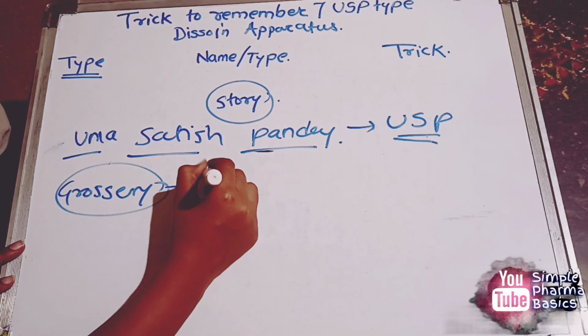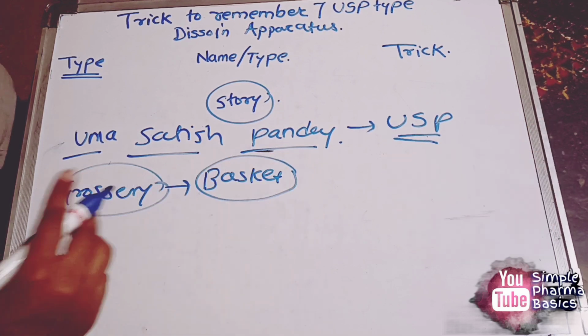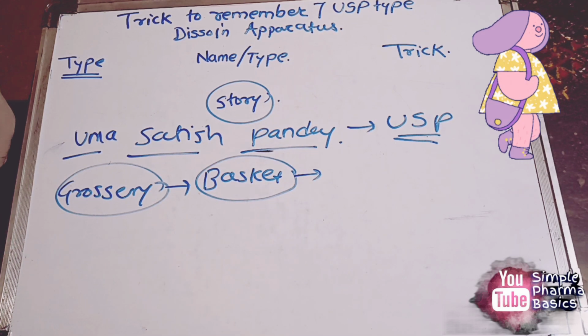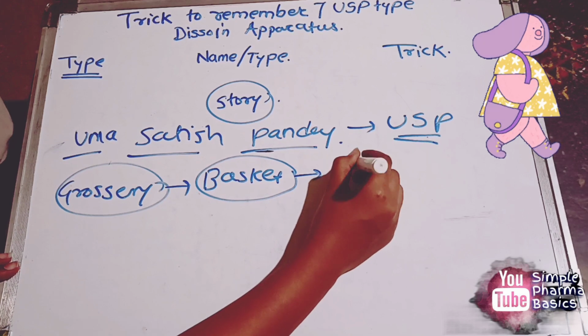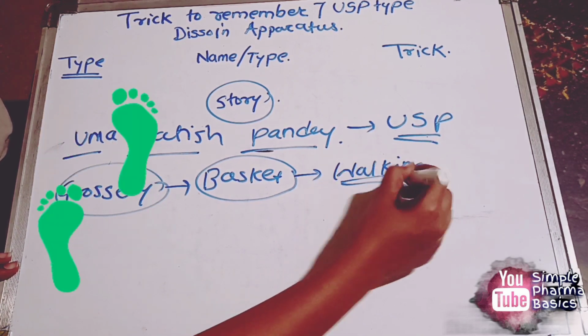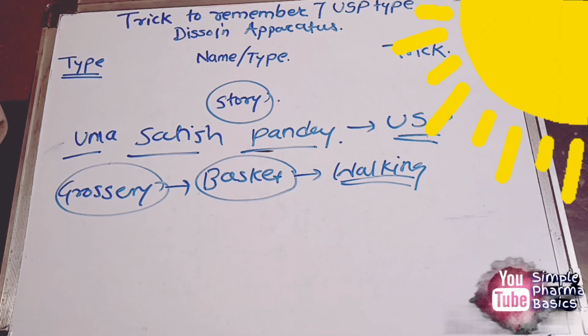She kept all these things in a basket, and then she started moving towards her home. She was moving by road, walking. But she noticed that the day was very sunny and she wouldn't be able to go home just by walking.